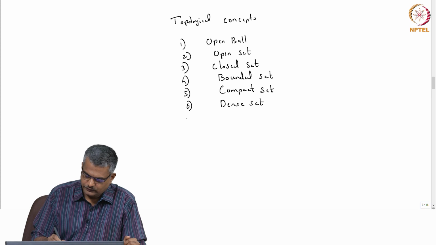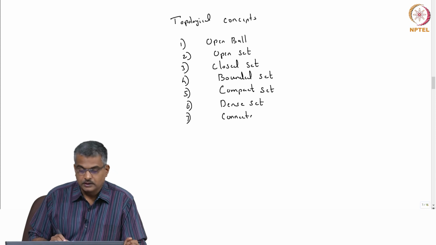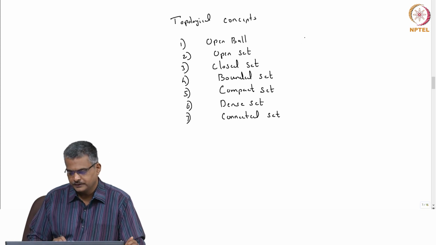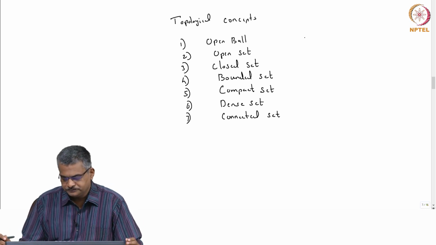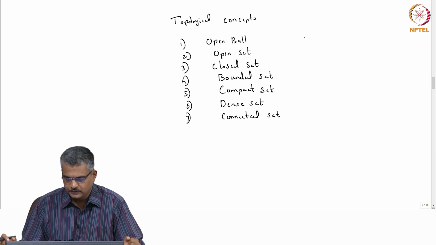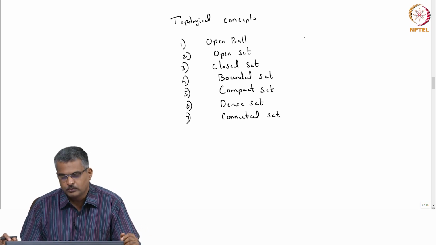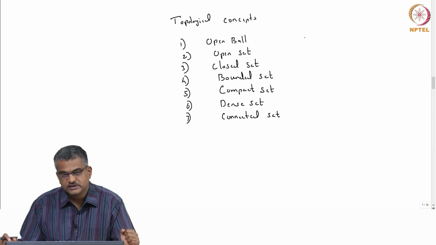Then we also need the notion of dense set, and we will also need the notion of connected set. So, these are building blocks when you study point set topology, and with whatever notions that we have already studied, the norm of a vector and the inner product, we should be able to define all these sets.